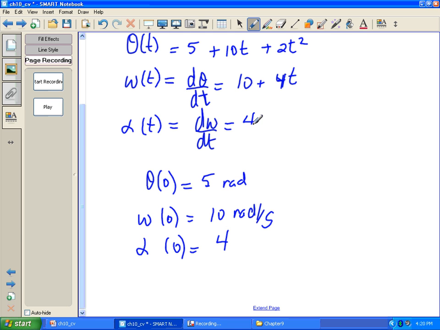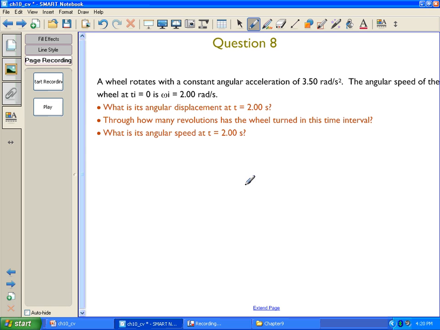In other words, there's no time dependence here. The angular acceleration is a constant, and so regardless of what t value it is, the angular acceleration is always 4. Okay, next problem, and the last problem in this sequence of problems.